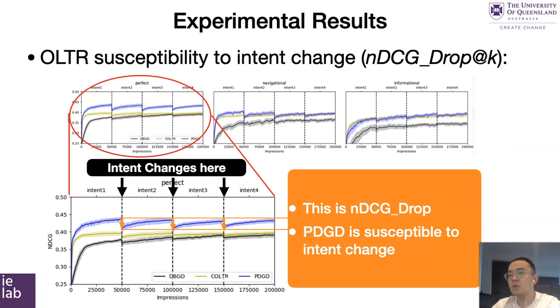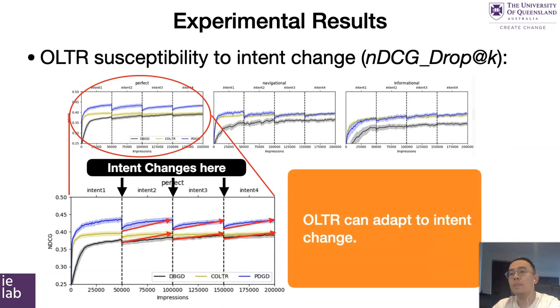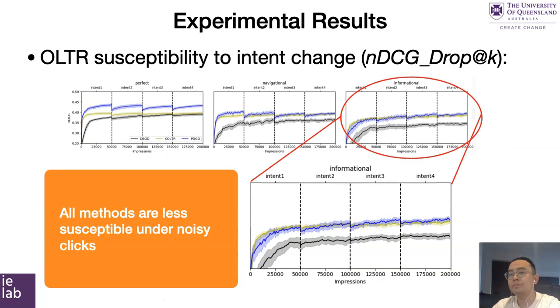For the PDGD algorithm, the drops are more obvious, which means PDGD is more susceptible to interchange. The drops for the other 2 methods are less obvious, which means they are less susceptible to interchange. But overall, they are also less effective than PDGD. Although all the methods are affected by the user interchange, it is clear that online learning to rank methods can adapt their rankers to user interchange.